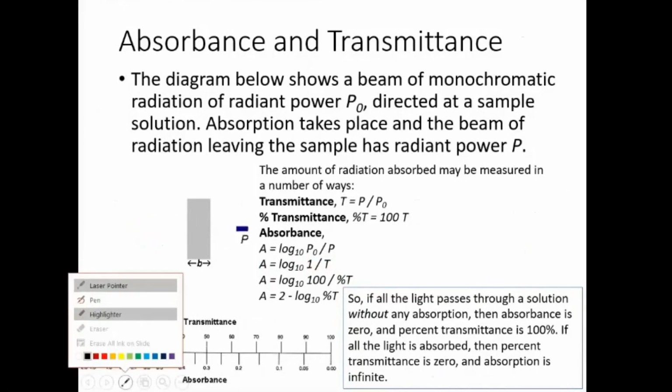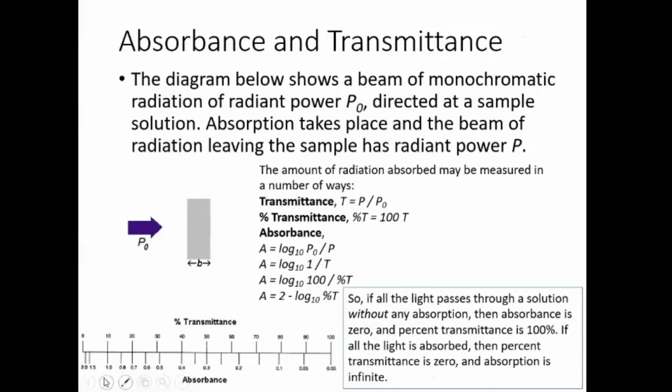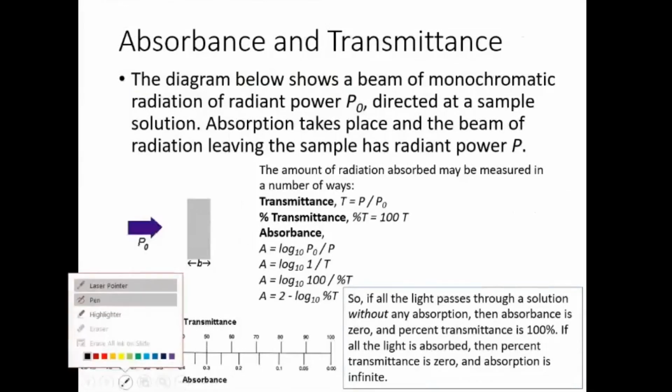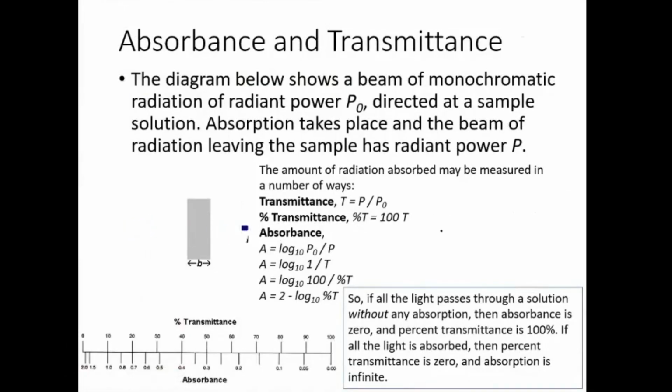If you want to remove the log and come up with a linear relationship, it can never be linear because it will be 1 upon T. If A is 2, then 1 upon T will be 10 raised to A. Do you agree with me, Kailash?